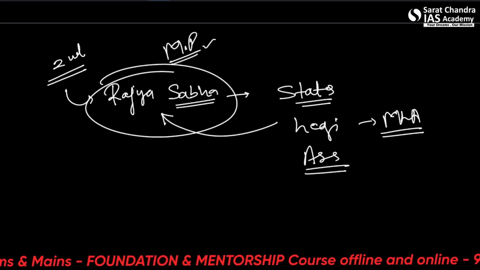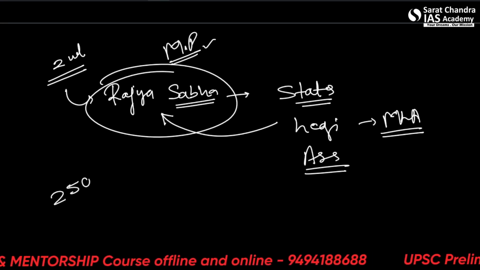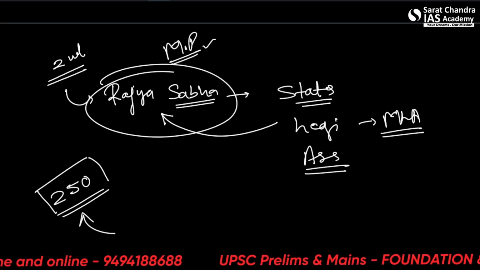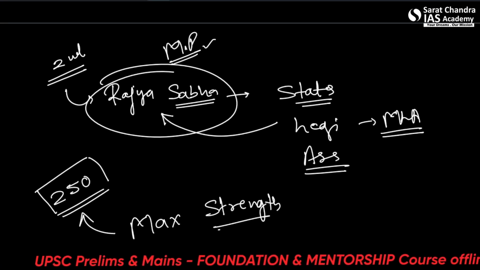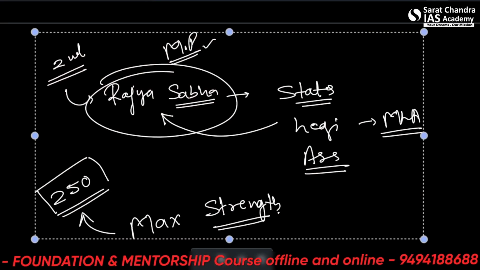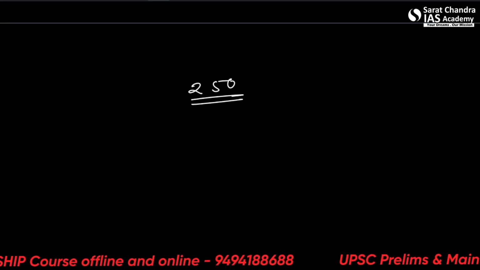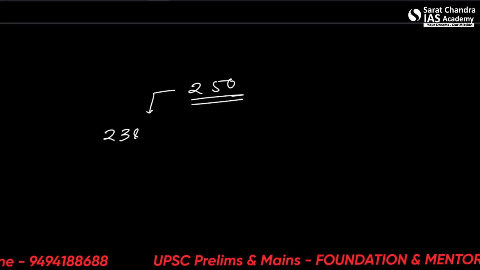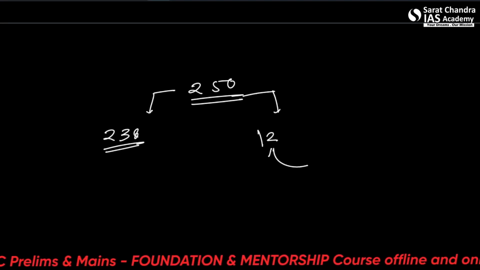Alright, so Rajya Sabha should not consist of more than 250 members. This is according to the Constitution, the maximum strength. Alright, and from these 250 members, 238 members represent the states and union territories, and 12 members are nominated by the president.